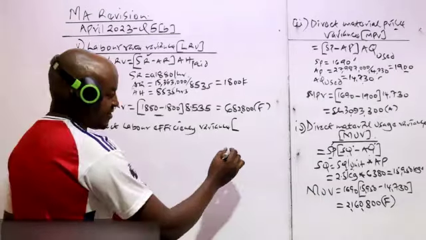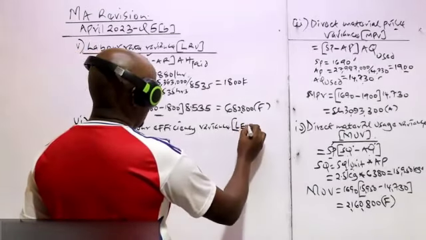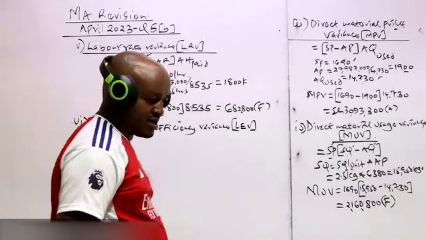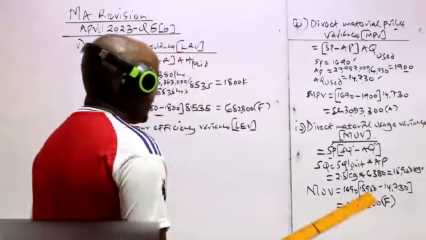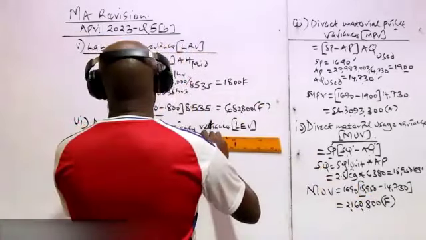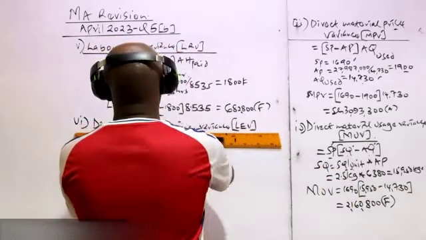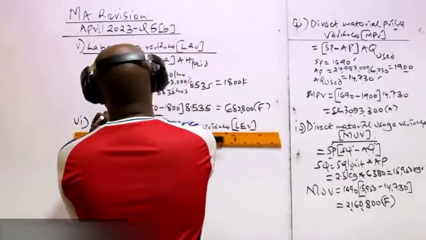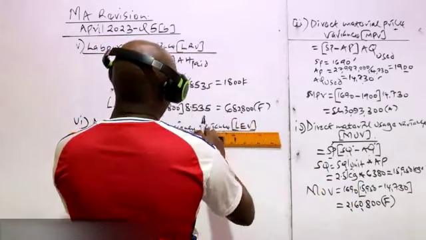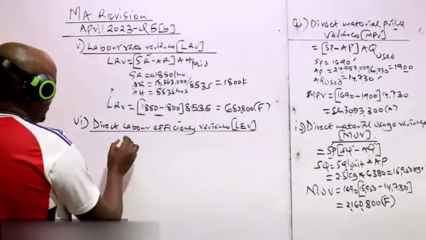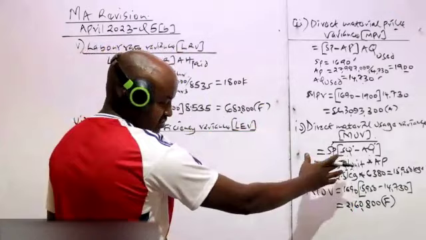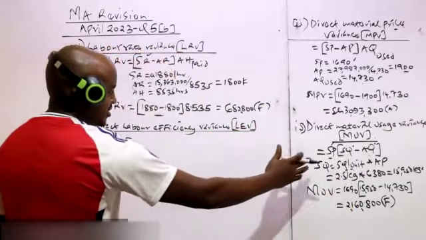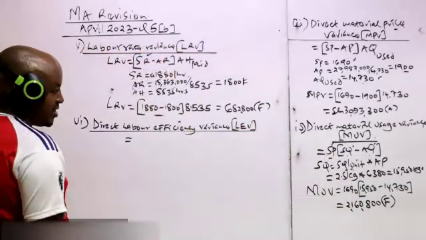This is what is abbreviated as LEV, the labor efficiency variance. And we said that this one is equivalent to the material usage variance. So the formula is just the same here, only that we replace quantity with hours, and we replace the price with the rate.